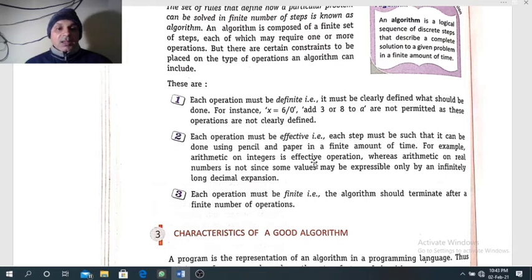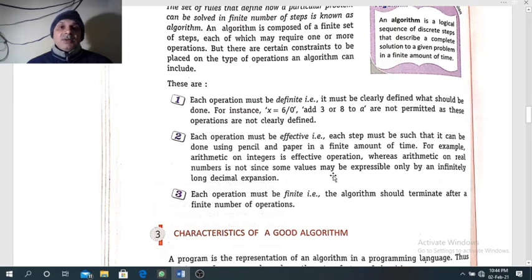For example, arithmetic on integers is an effective operation, whereas when we apply arithmetic operators on real numbers, meaning numbers having fractional parts, that is decimal numbers, sometimes we don't get a clear, exact value.